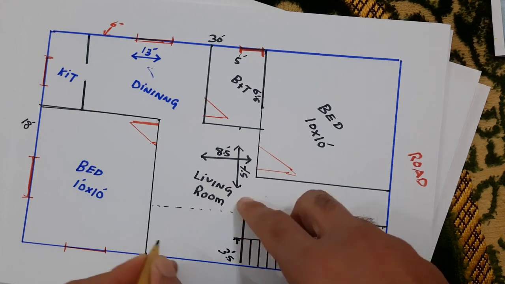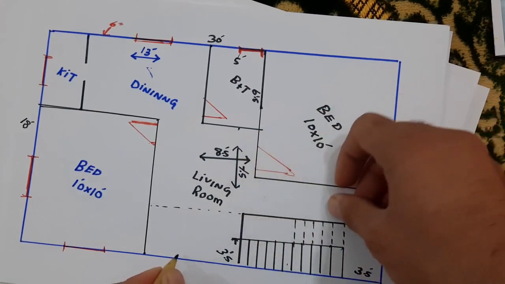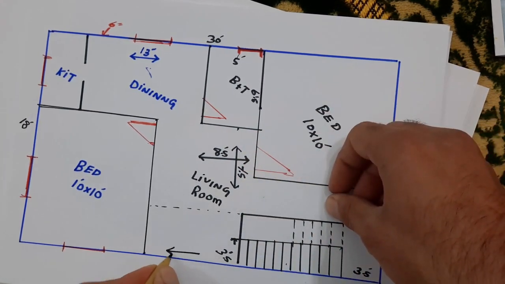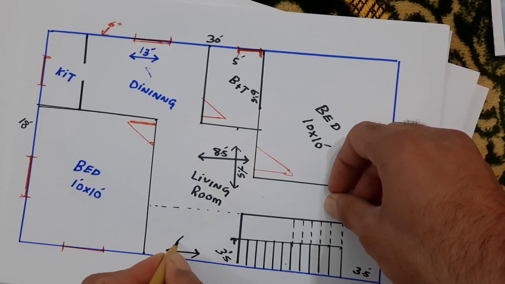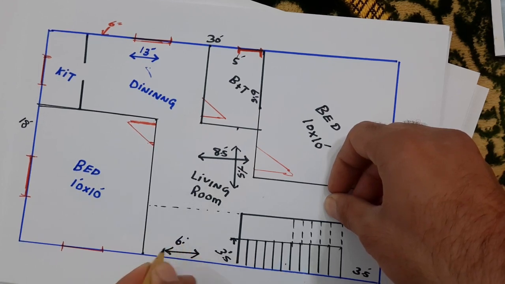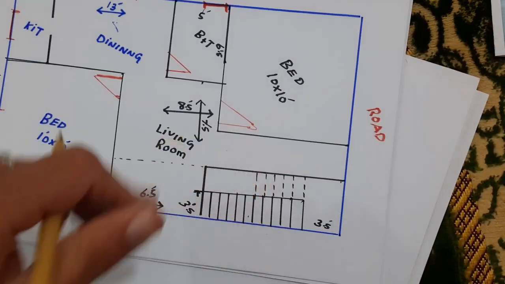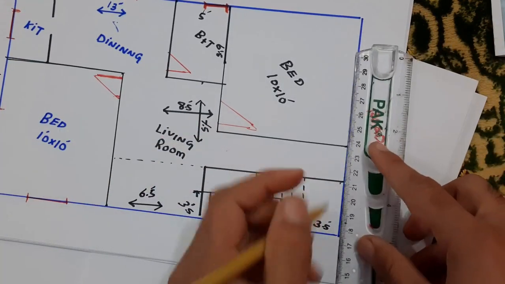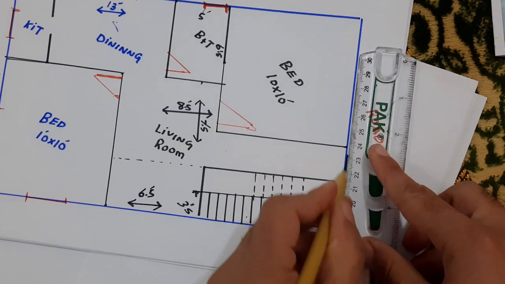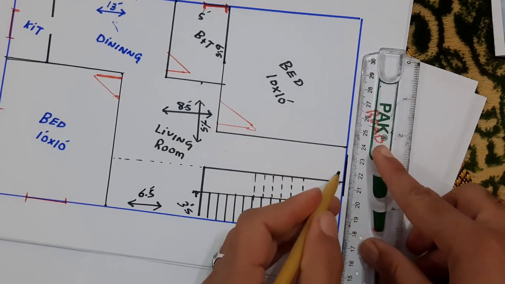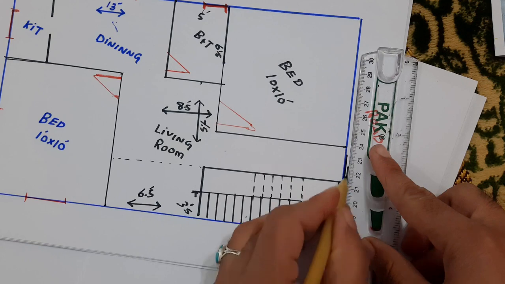Now guys, here you can see we have the free space, this one, which is 6.5 feet. Okay, here you can make a slide door for this main entrance.